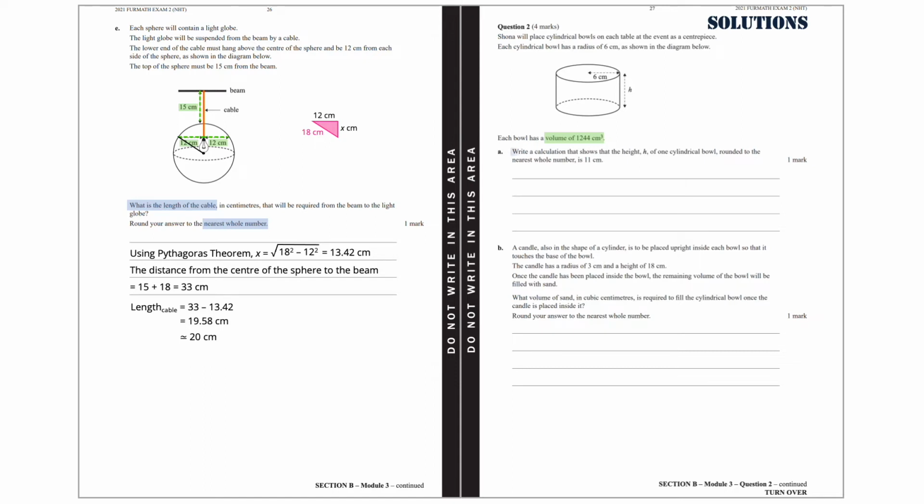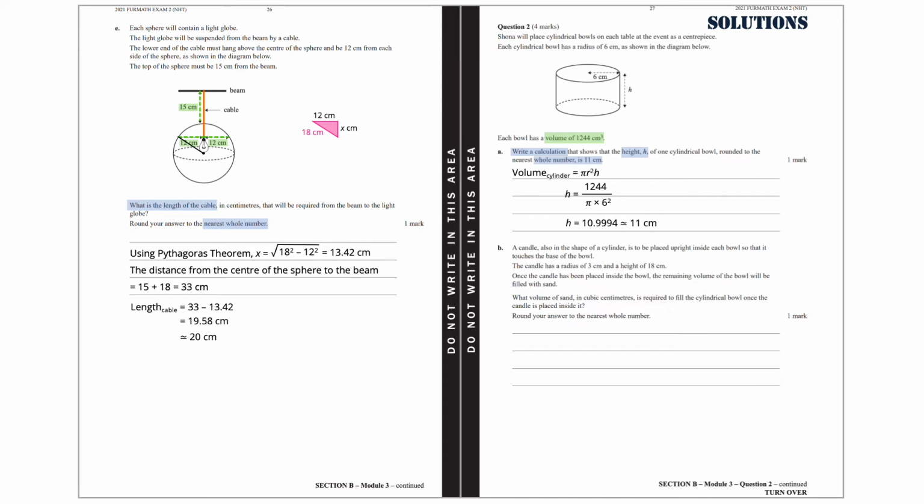Part A. Write a calculation that shows that the height h of one cylindrical ball, rounded to the nearest whole number, is 11 centimeters. We know that the volume of a cylinder equals pi r squared h. Therefore, the height equals the volume 1244 divided by pi times 6 squared, and that gives us approximately 11 centimeters, correct to the nearest whole number.